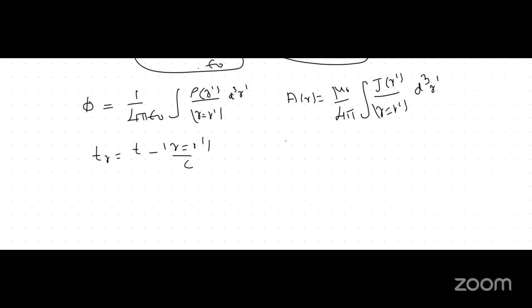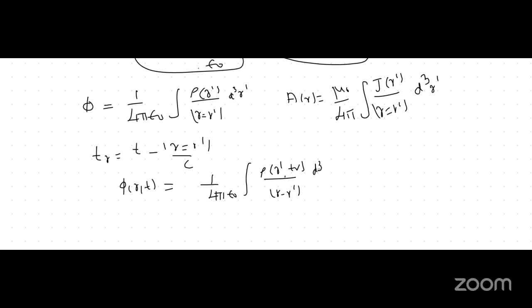If we do that, we get the generalized equation of phi of r, t in terms of the distance traveled: 1 by 4 pi epsilon naught times the integration of rho of r dash, TR divided by r minus r dash, over a volume, dq r dash.